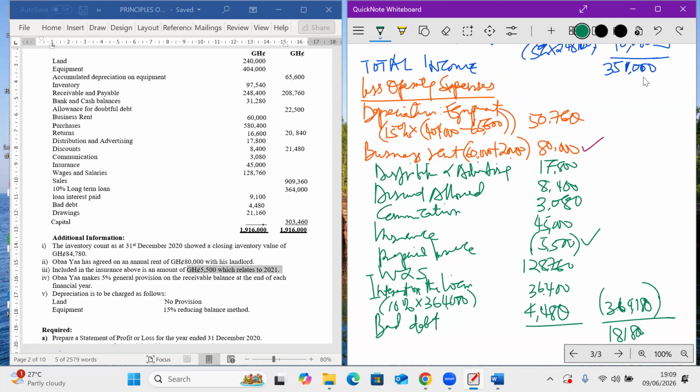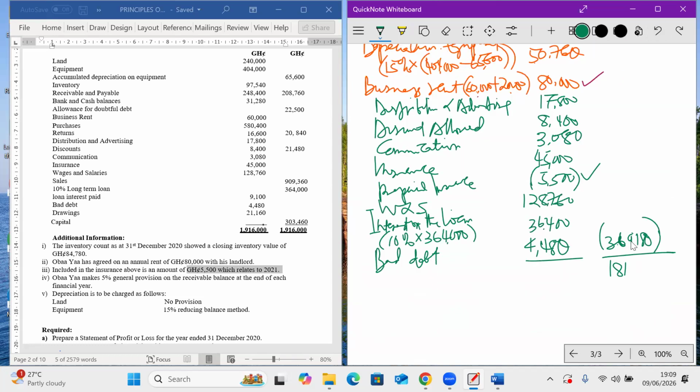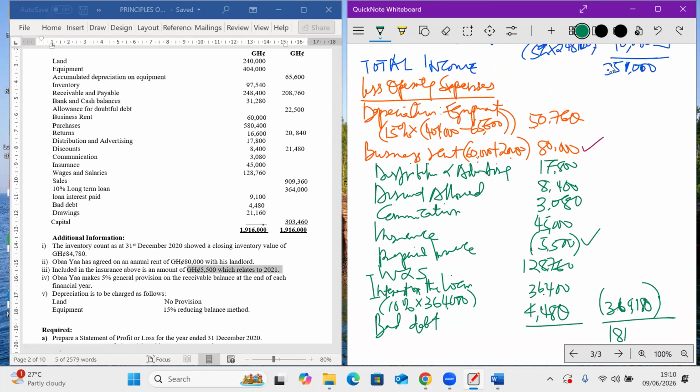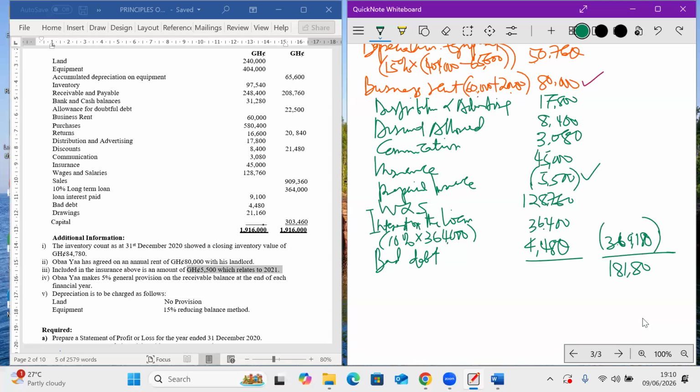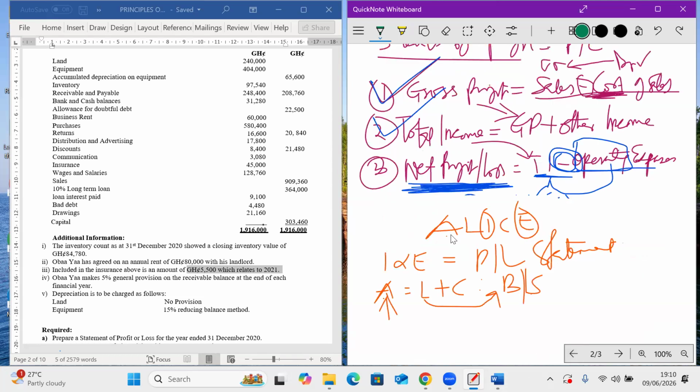Negative, it's a loss. 351,000 minus 369,180, so 18,180 is a loss. So we got a net loss. Then you double underline the figure. Have we finished our last profit level? Yes, but we got a net loss.